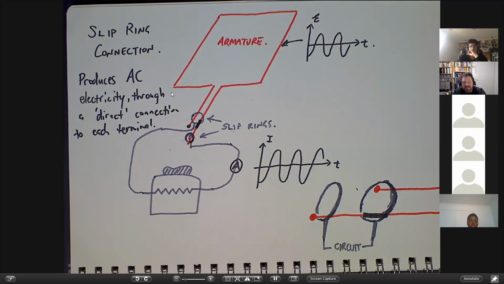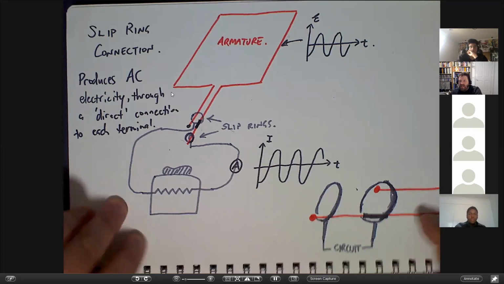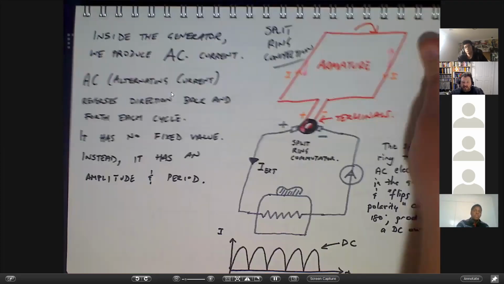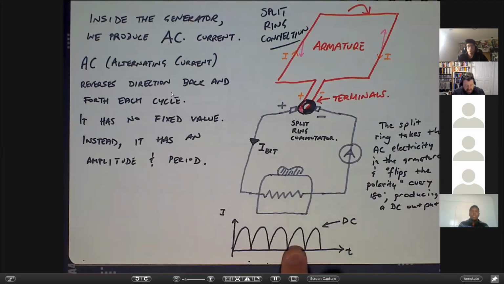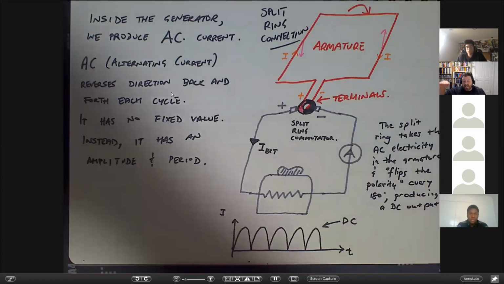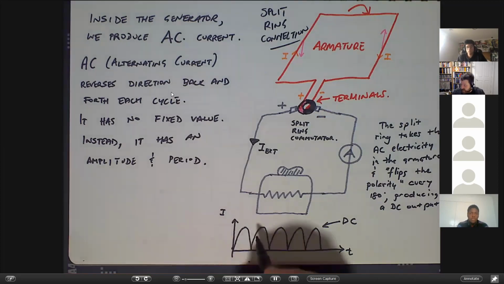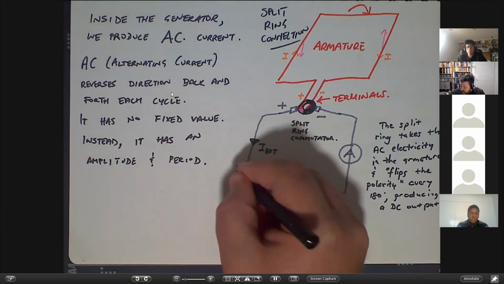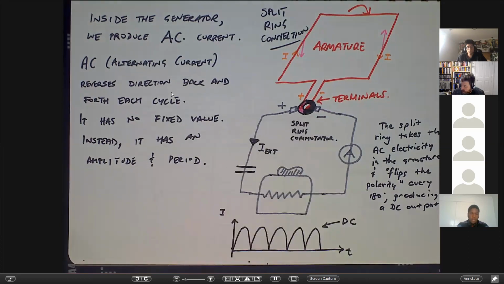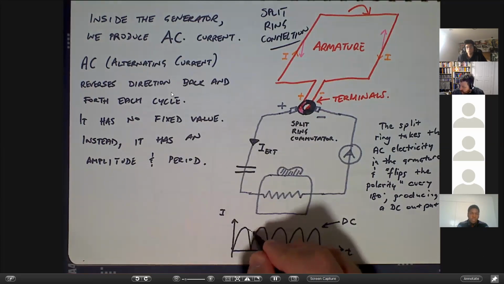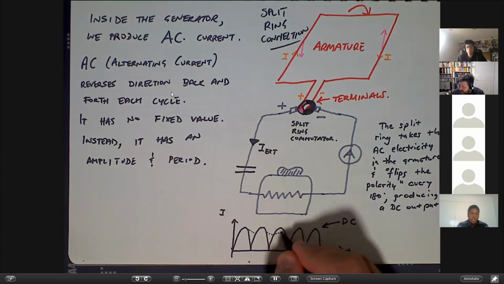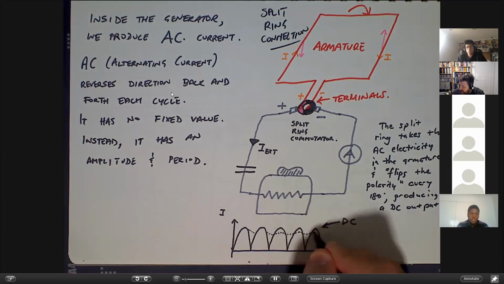The advantages of DC are that with a slight modification, you can turn this sort of DC into pretty flat DC, like a battery. By putting some capacitors into the circuit, and a capacitor is like a little storage unit in a circuit, you can shave off the peaks a little bit and make this a little bit more like this.